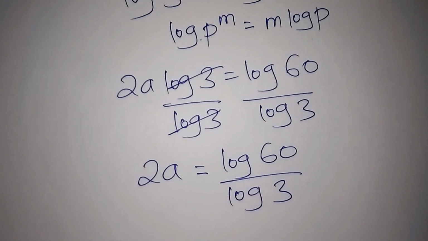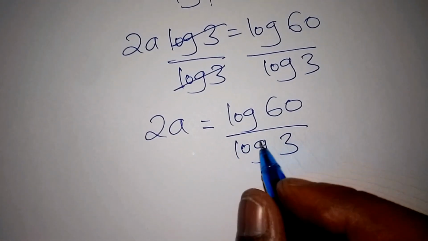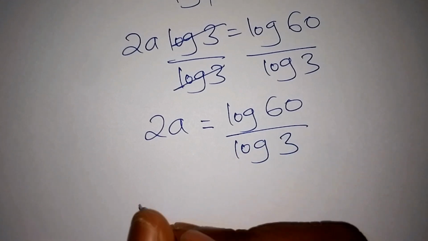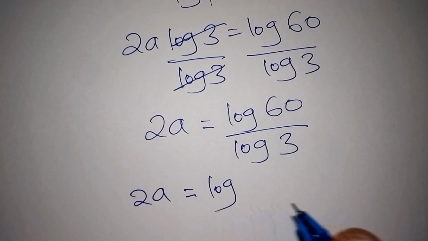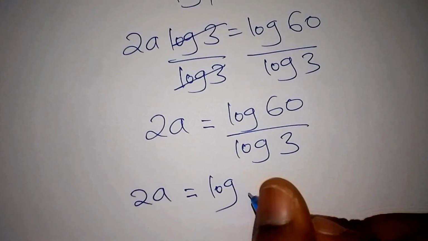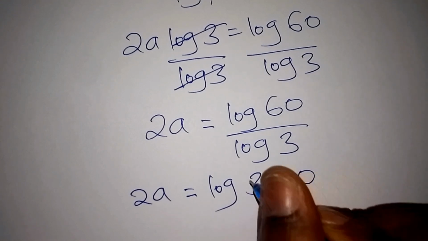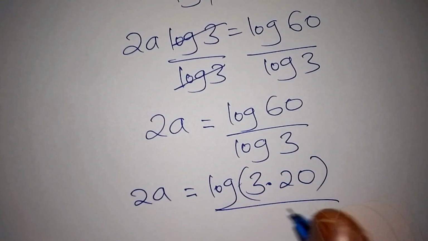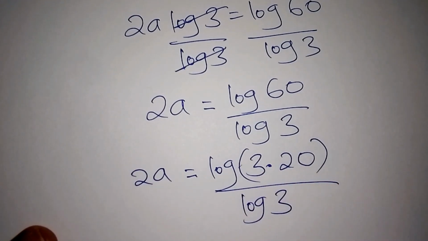Since all of them are in form of log, we shall be able to factorize the log of 60. So now our 2a shall equal the log of 20 multiplied by 3, or 3 multiplied by 20, all over the log of 3.